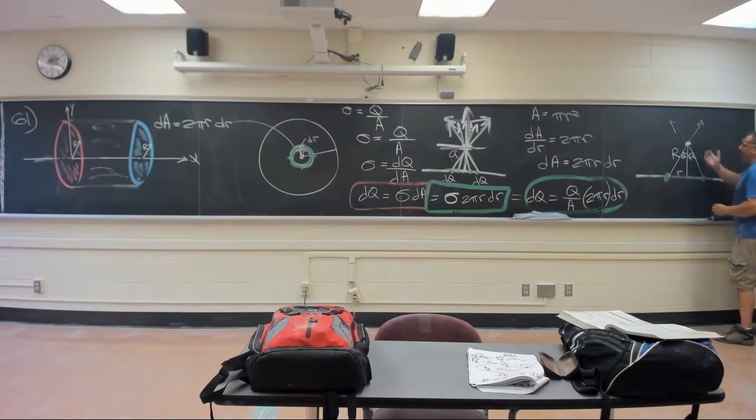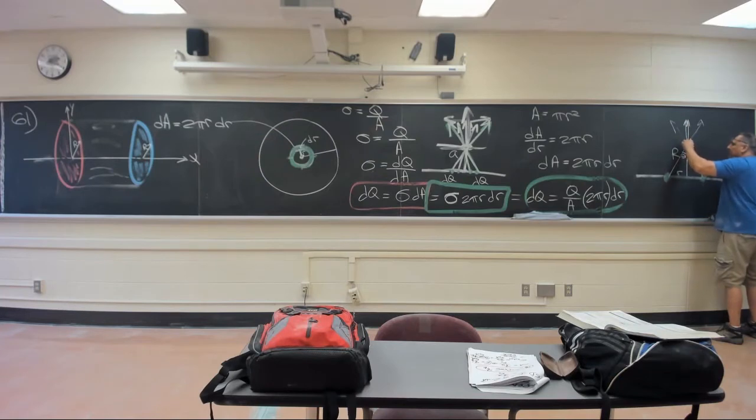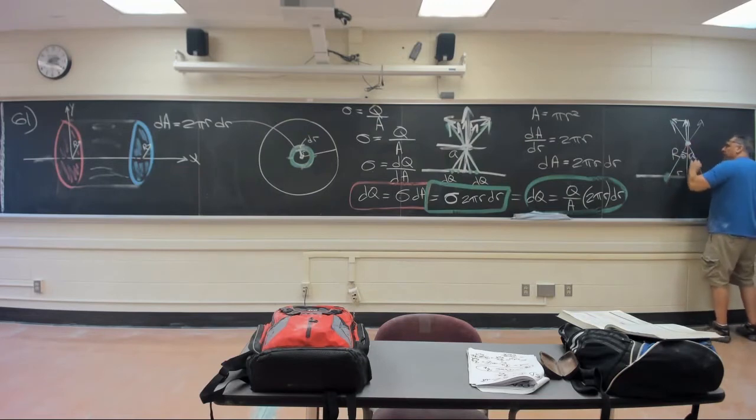I don't care about the stuff getting thrown. I care about that, and I care about that, and I'm going to add those, those come together. But I don't care about this guy, the E field going this way. Here's an E field for you, and then here's that component.